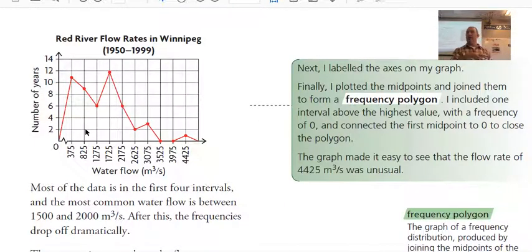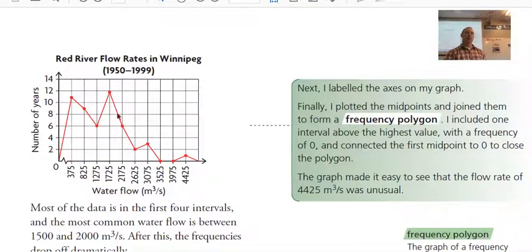The other one was like a bar graph. You might have heard that before. This is a line graph. And really, instead of the bars going across the whole interval, they just have one point that would represent the data there. Okay, so this one is nicer to look at because you can kind of see the trend, up, down, whatever.